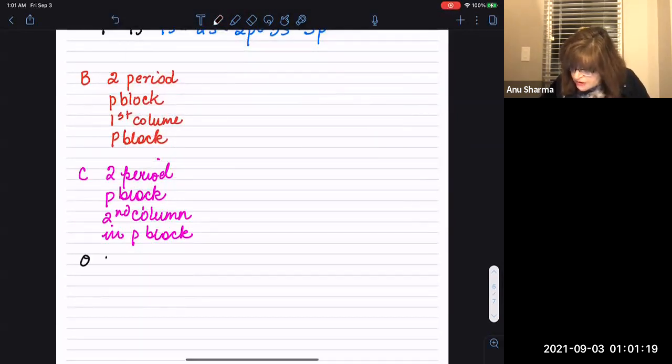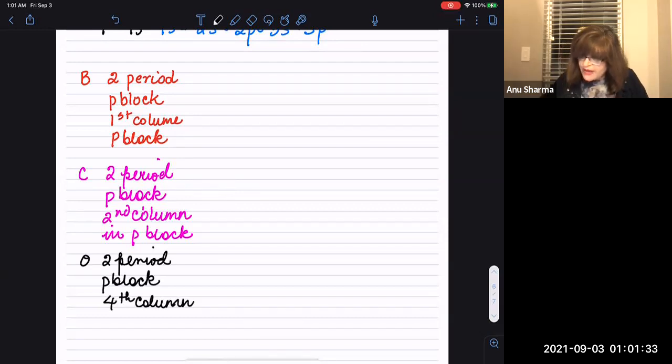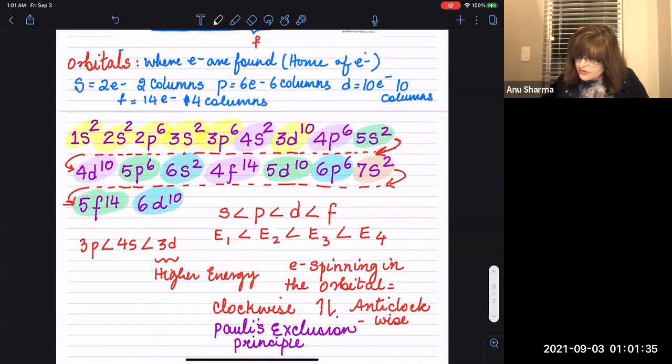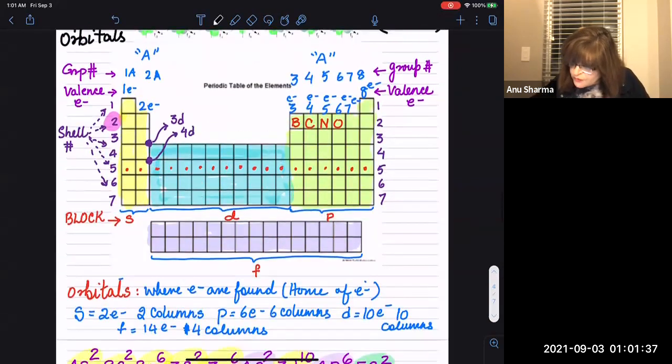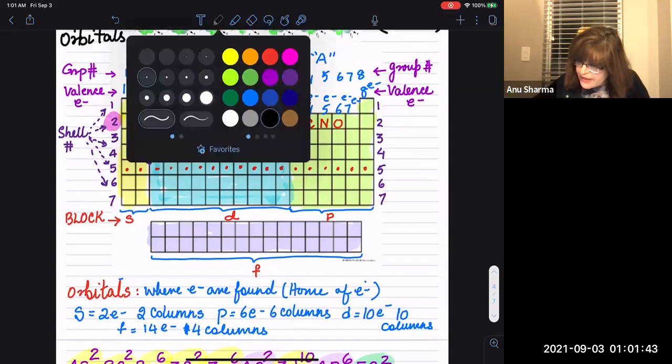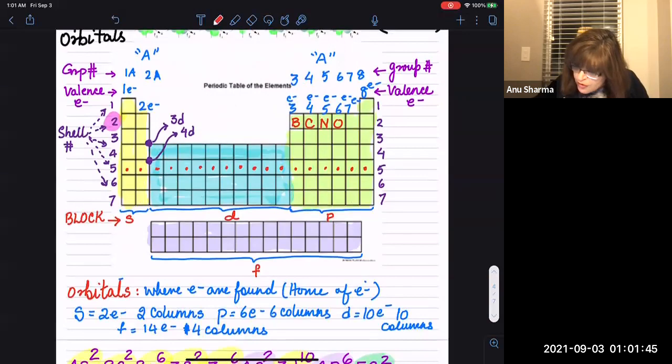Oxygen is found in the second period, in the P block, and in the P block it is found in the fourth column. It is placed in the fourth column, and the fourth column is here. Okay, and then similarly for fluorine, and same is the case you would do for all the others.